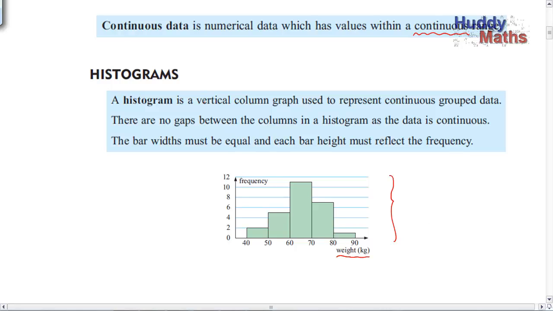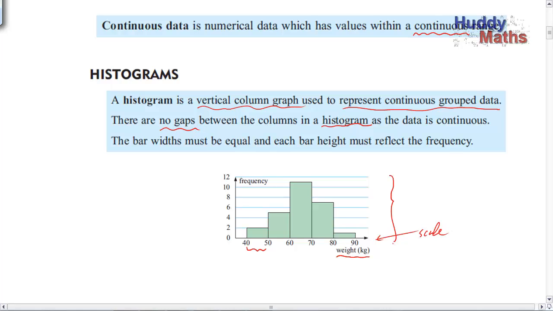So this is a vertical column graph used to represent continuous group data. No gaps. There's a big difference between discrete data column graphs, we call them, don't we, and histogram columns. We always use the same bar widths, because this is a proper mathematical scale.